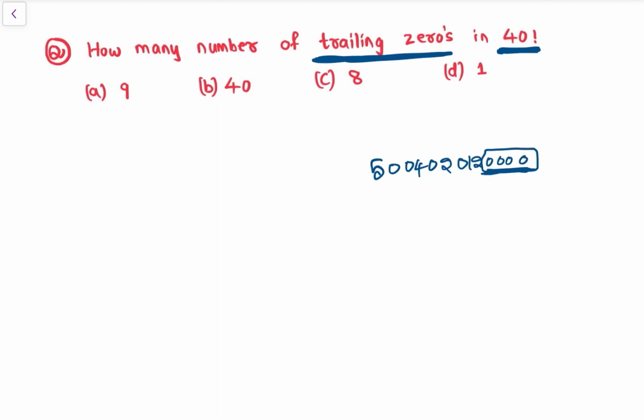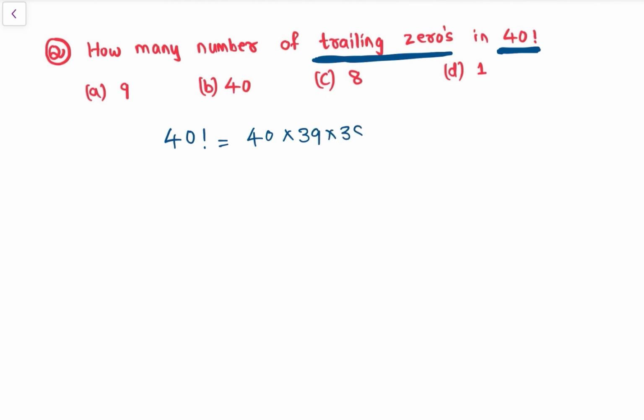So 40 factorial can be written as 40 into 39 into 38 into 37 into 36 and so on into 1.